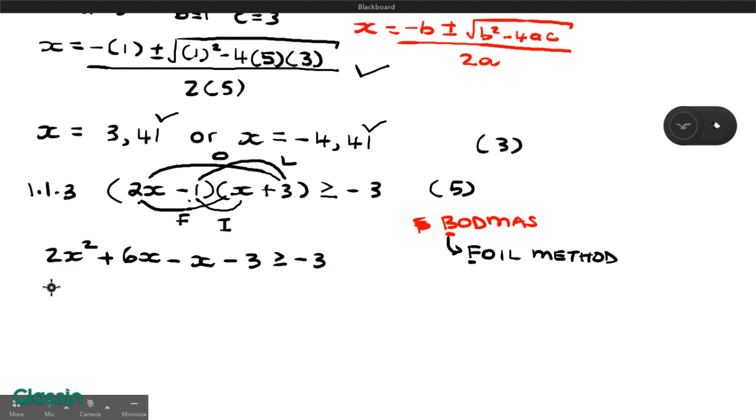Therefore, when we group the like terms, we have 2x squared. 6x minus x is going to be positive 5x. Negative 3 plus 3, because we're now taking the constant value, we bring it this side.